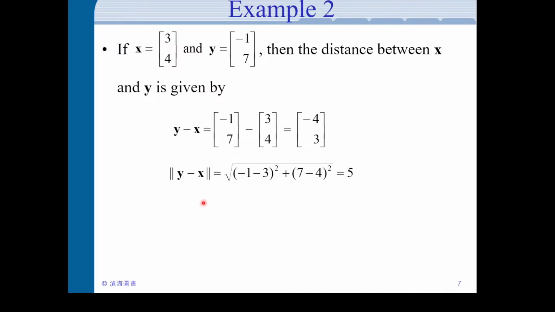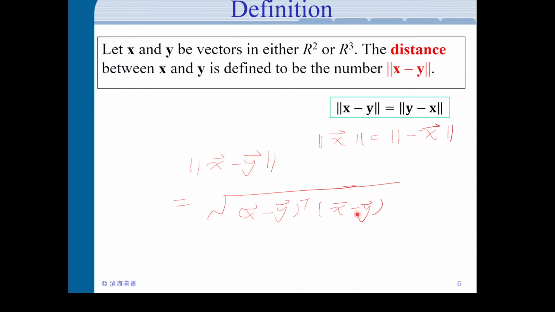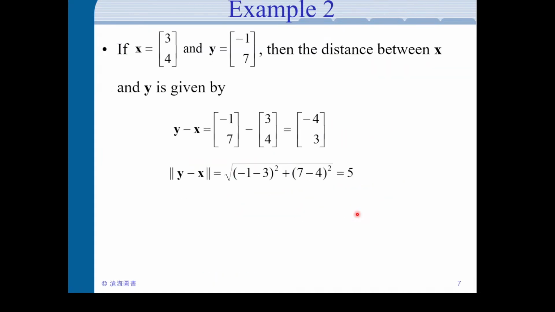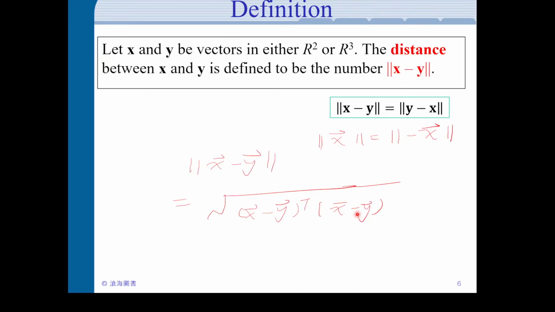Then the length of this vector, you have the 3, 4, 5 relation, so its length is 5. So this is the distance between two vectors. Once again, it is about the length of some vector. Distance is the length of the difference.